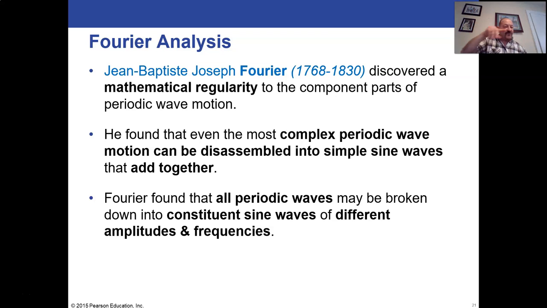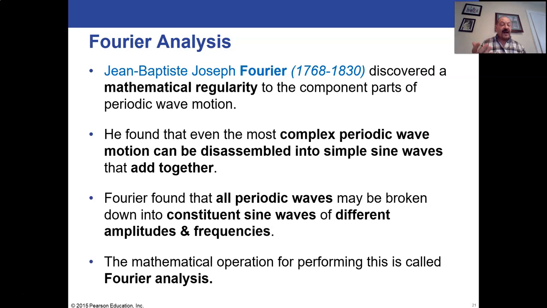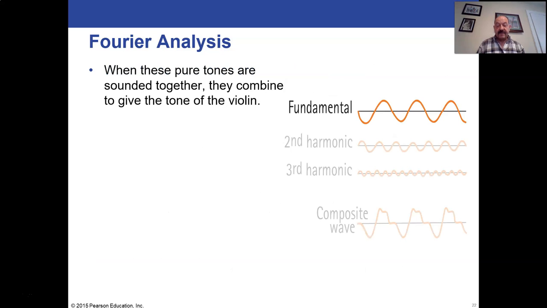They each have their own frequency and their own amplitude. So it's just a simple sine wave and another simple sine wave with a different amplitude and different frequency, and another one with a different amplitude and different frequency. If you add enough of these together, you will get the one you started with. He worked out how to do this mathematically, and this is called Fourier analysis. Most people call it Fourier transform or Fourier transform analysis.